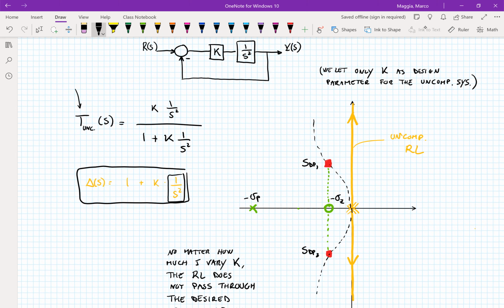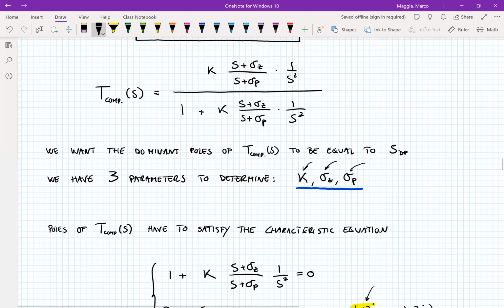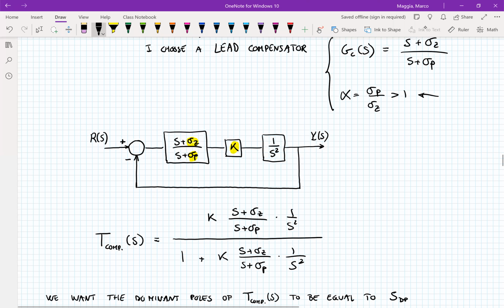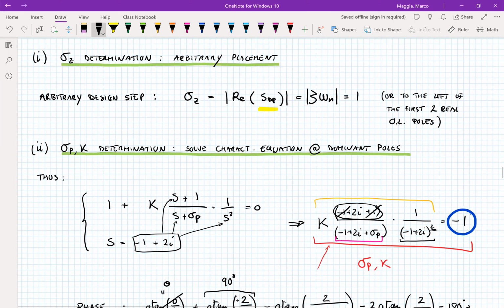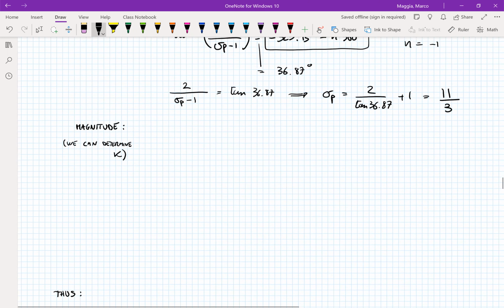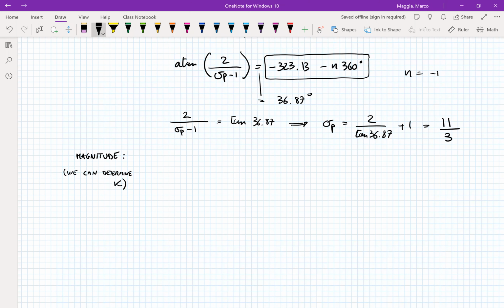So indeed, the pole is to the left of the zero, and so we're actually dealing with the lead compensator. You always have to check that. So if you were to take the ratio between the pole and the zero, that is alpha, that is greater than 1. But we still have to determine exactly the value of K so that the dominant poles are exactly what we want.